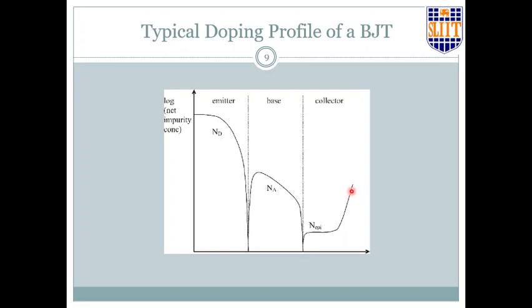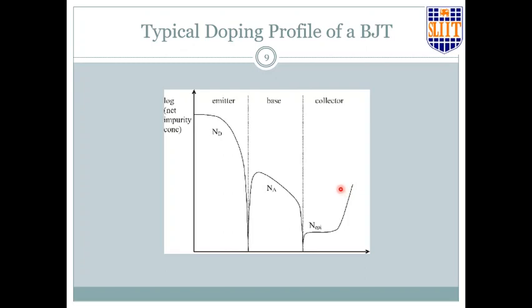That is done to have an ohmic connection between the collector and the metal, otherwise it will form a non-ohmic connection. A metal semiconductor junction can be formed, so we don't want that to happen, because we only want two junctions to be there, that is the emitter base and the base collector PN junctions.